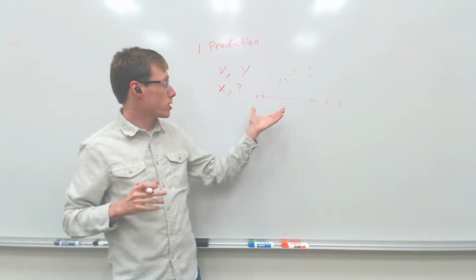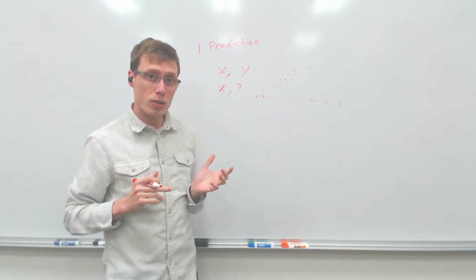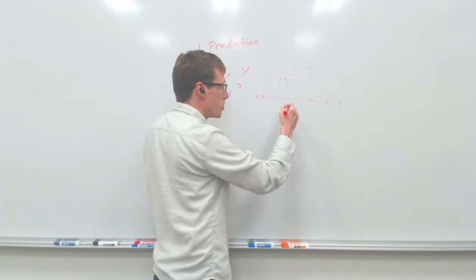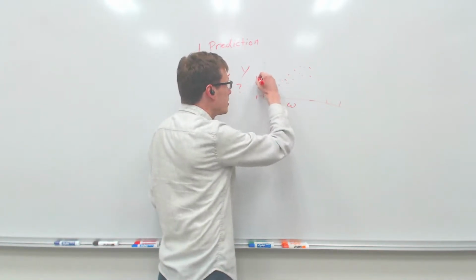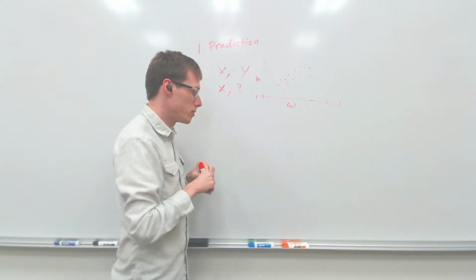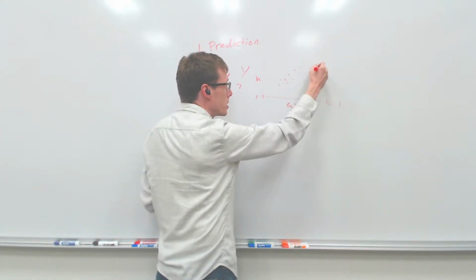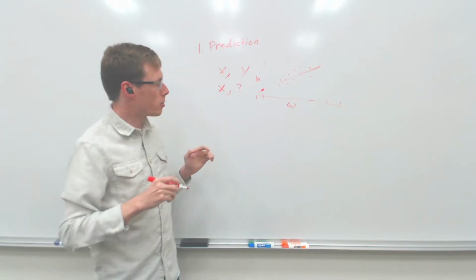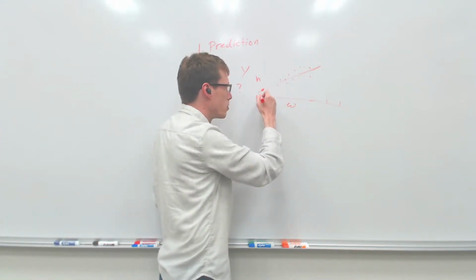And let's be honest, we as humans would also have a hard time doing this, right? Because if I suddenly label this, say, weight and height, which is some of the data that we've seen before, we might not predict that it's going to be some line that goes through some value above zero. We might say, oh, well, we know the intercept has to be zero for this.